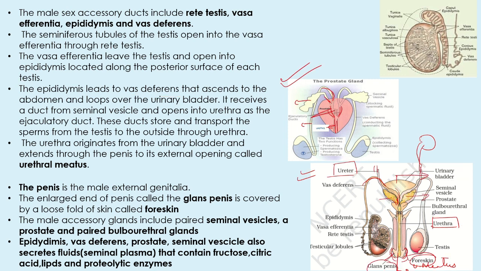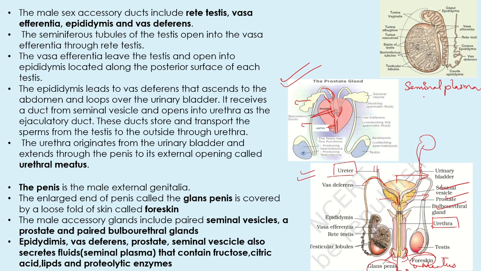So up to here we are clear with the male accessory ducts. Next we will be speaking about male accessory glands, that is the seminal vesicle, the prostate gland and the bulbourethral glands. We will be speaking about it in a separate video. Another important thing here is the seminal plasma.